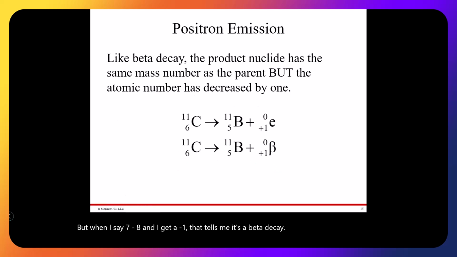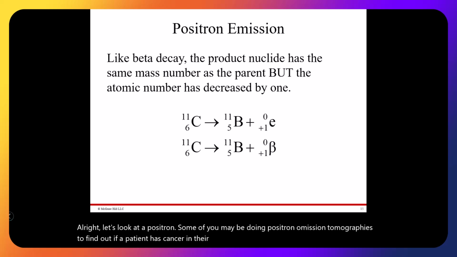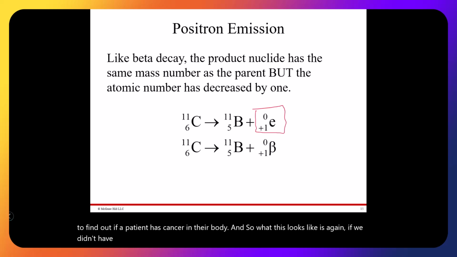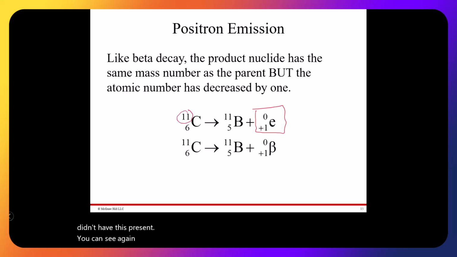All right, let's look at a positron. Some of you may be doing positron emission tomographies to find out if a patient has cancer in their body. And so what this looks like is, again, if we didn't have this present, you can see again the mass number is not changing, but 6 minus 5 means this has to be a positive 1.